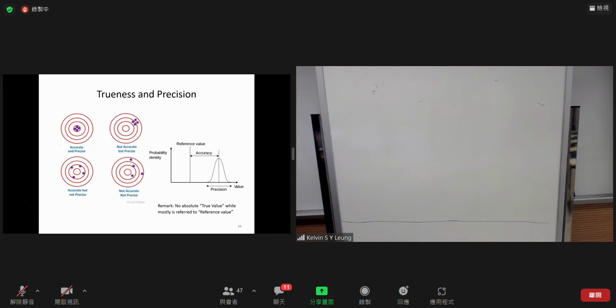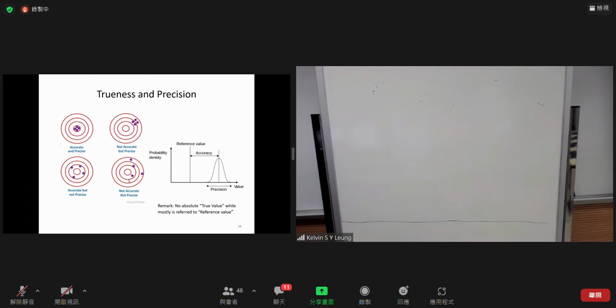So the bottom left-hand side is so-called accurate but not precise, because you can see all those four points are close to the center, but these four points do not stick together, okay? And the upper right-hand one is far away from our target, far away from the center point, but these four results are very close together. That means similar results, okay?